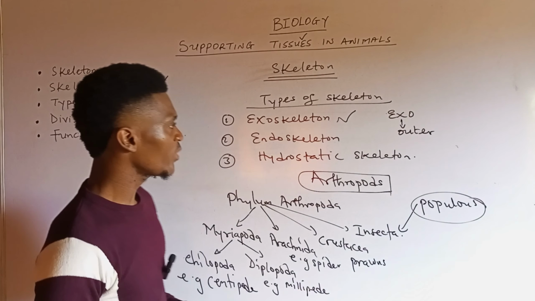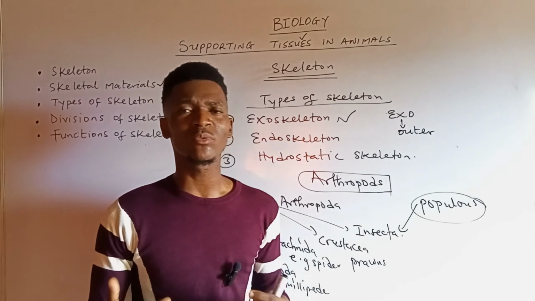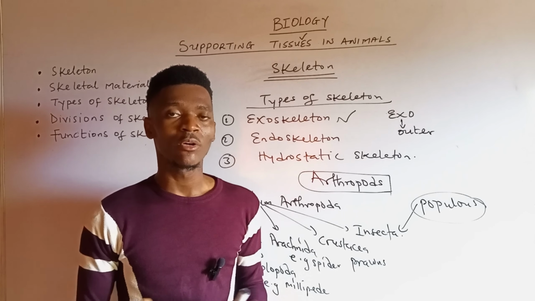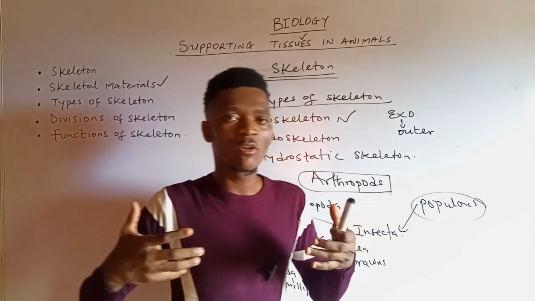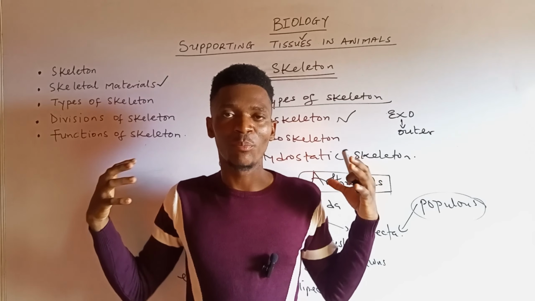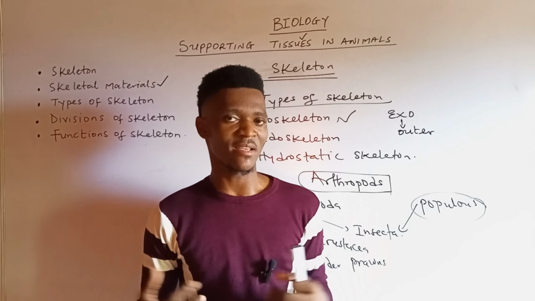So now, how do those organisms with exoskeleton grow? The growth of organisms that possess exoskeleton is by the shedding off of old outermost exoskeleton to be replaced by new ones, thus leading to an increase in their size.